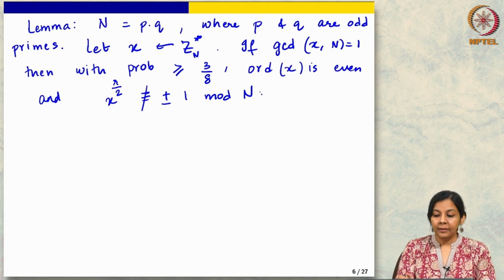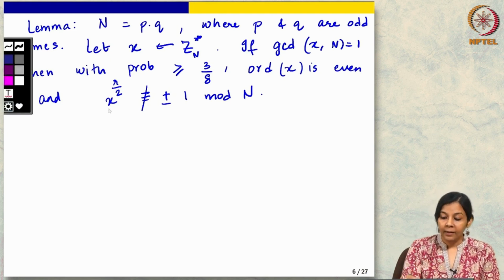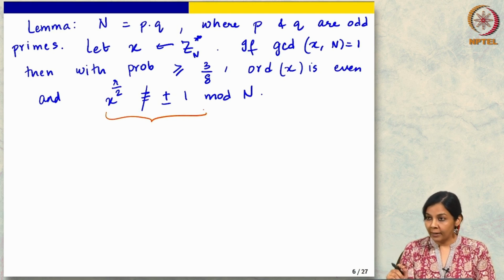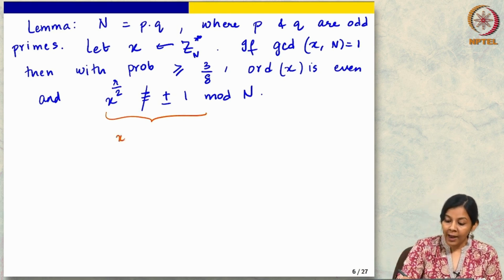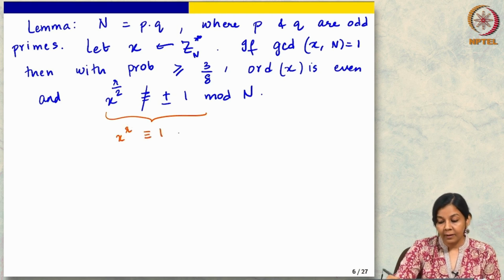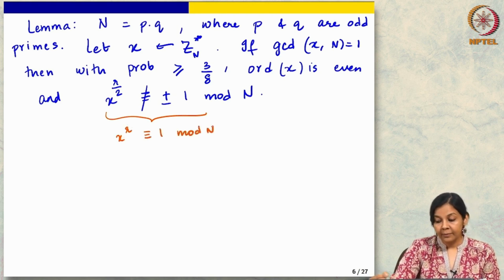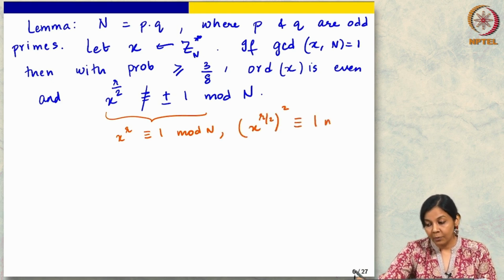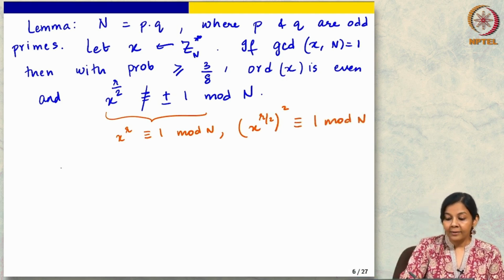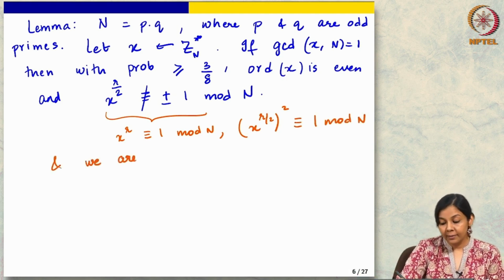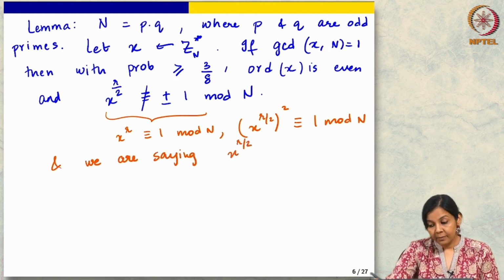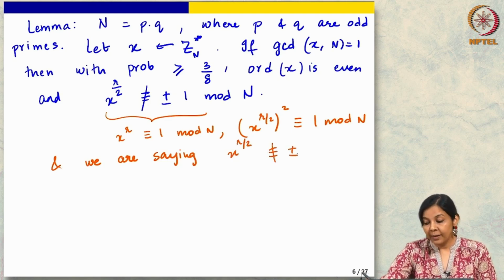Now, note that what this lemma is really saying is that I am recovering a non-trivial square root of 1 mod n. Why is that? Because we have that x to the r is 1 mod n, so x to the r by 2, the whole squared, is 1 mod n, and we are saying that x to the r over 2 is not plus minus 1 mod n.